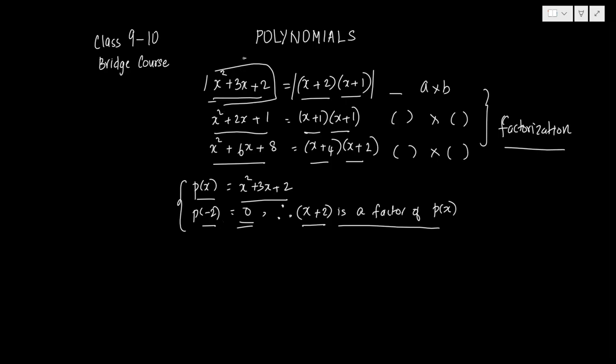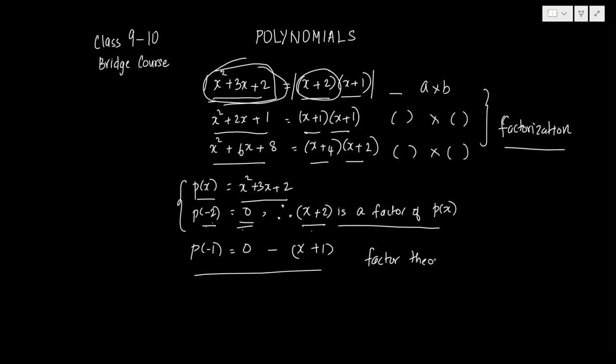If you look at this polynomial here, x plus 2 is a factor. If I substitute minus 1 and I get the value of 0, then x plus 1 is a factor. This is called the factor theorem. This is an important theorem which you will need to understand before you go to the 10th standard.